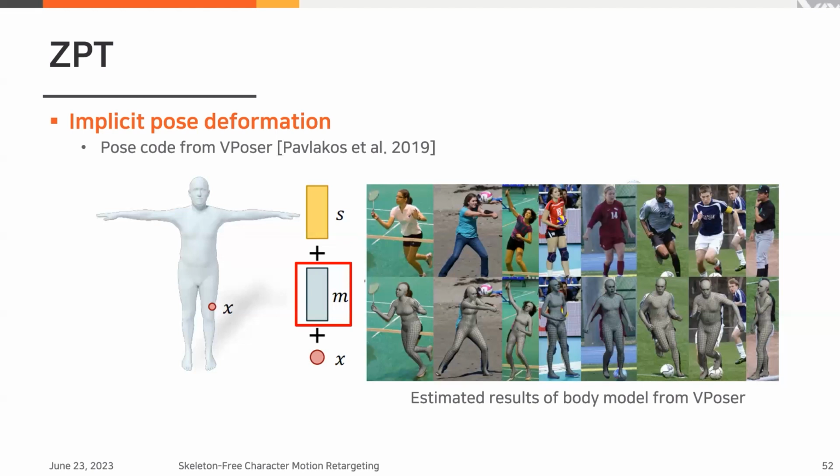So zero shot means that they did not use the stylized characters in training, but they can deal with those kinds of very dynamic characters at inference.